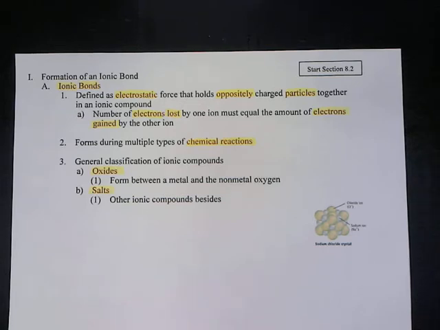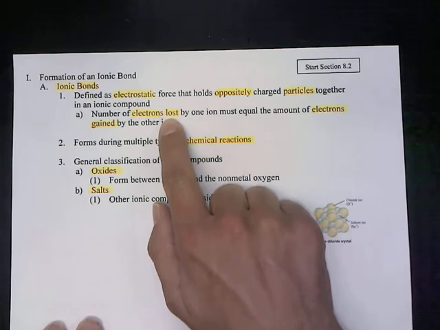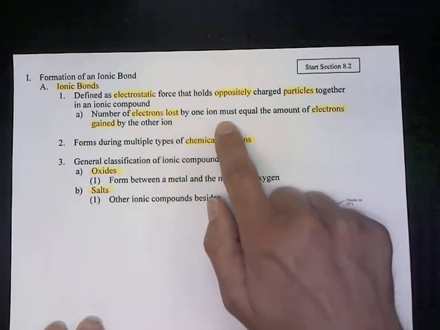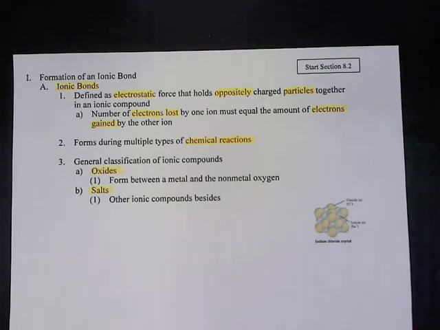This all happens because one electron is given away or lost by one atom or ion, and that electron is acquired by another atom. Those things enter into an ionic bond.